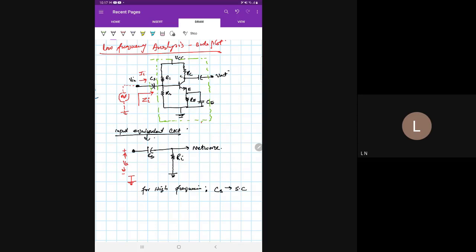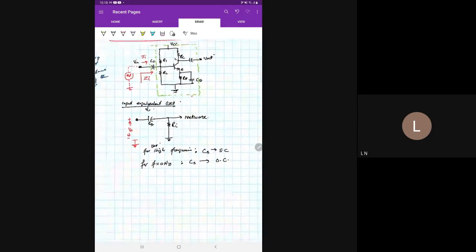And for frequencies which are very low or nearly equal to 0 hertz, what will CS be? CS will be open circuited.